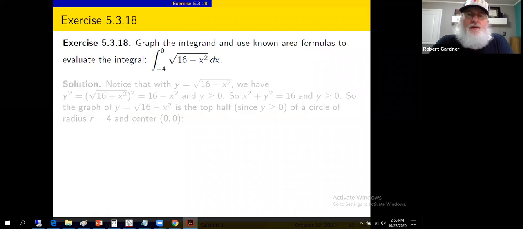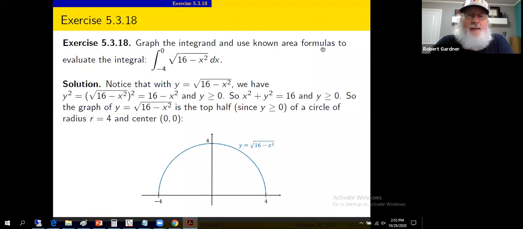So it must be that we know the area under this curve. It says use known area formulas. Well, let's see what we got. Let's take y equals the square root of 16 minus x squared, the integrand.